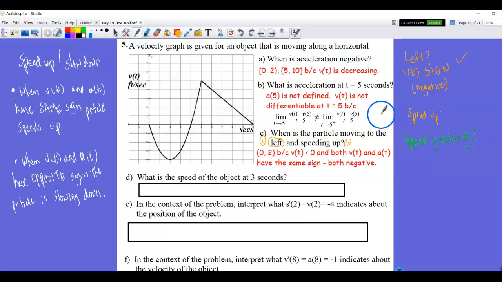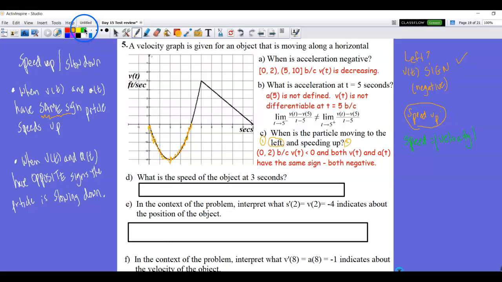In this case, we wanted to know when the particle is moving left and speeding up. Remember, we had already identified moving left, velocity negative, so moving left was in this orange zone, so I'll put that back. Now, for speeding up, come over here to the two sentences. We said the particle speeds up when velocity and acceleration have the same sign.